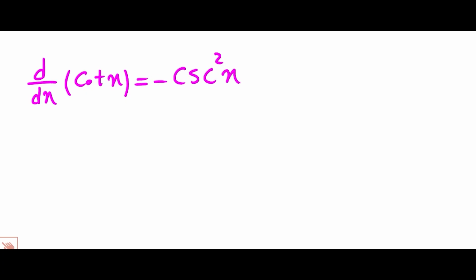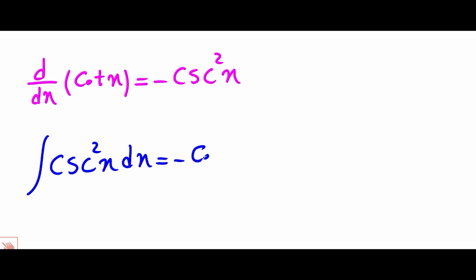Number 4, integral of cosecant squared. Since the derivative of cotangent of x equals negative cosecant squared x, so we have the integral of cosecant squared x dx equals negative cotangent of x plus c.